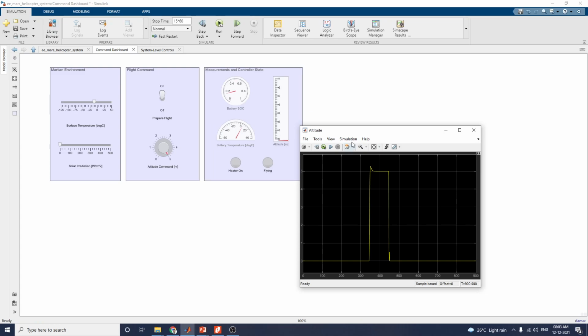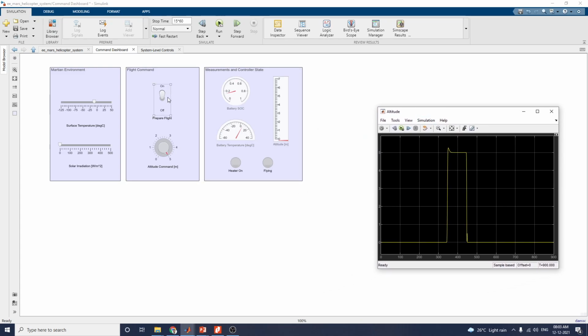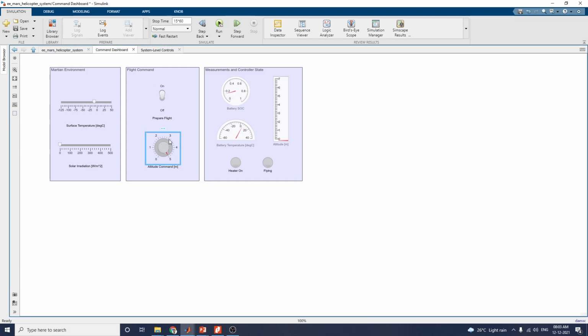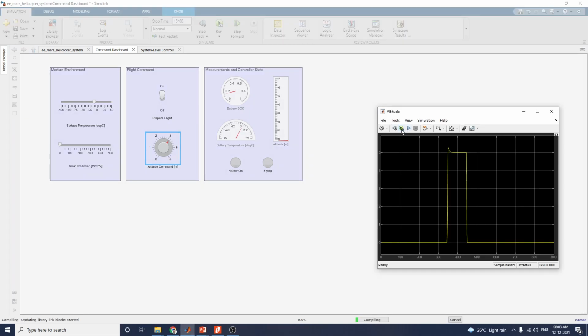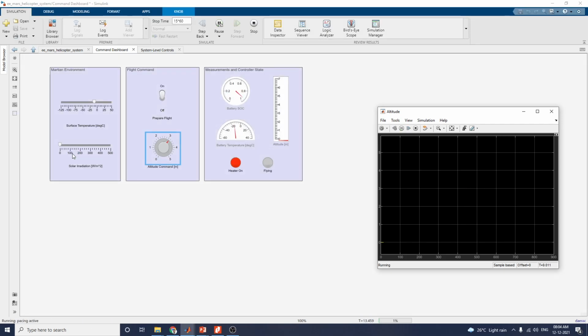Now you can see, again I set the values. Okay, now you can see, again you run this model. I set the values as 25 and minus 25, and the solar radiations are not shown here. Now you can see the heater is on.